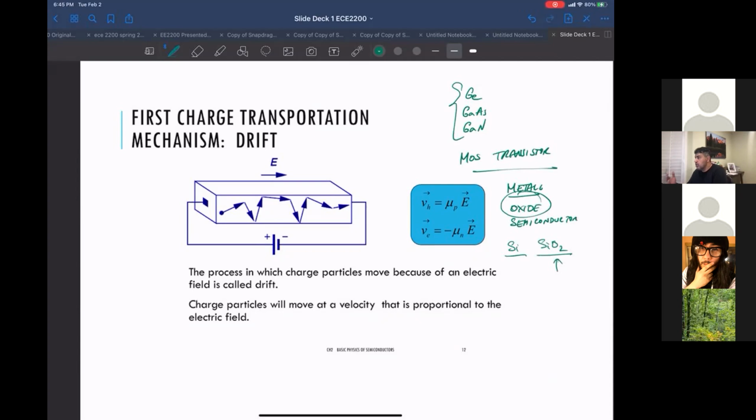MOS transistors are nice for making digital circuits. By nice, I mean they are absolutely necessary. So not just the silicon itself, but also the oxide part of it is very important.